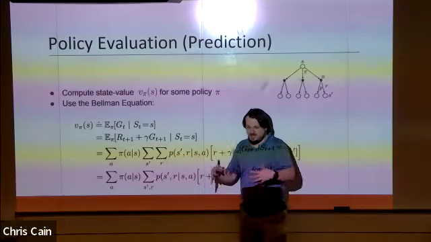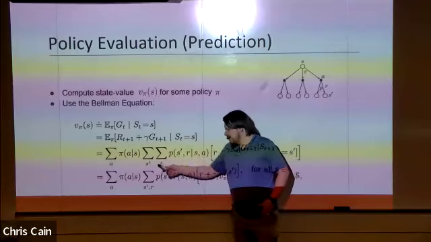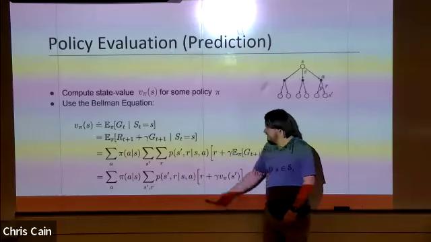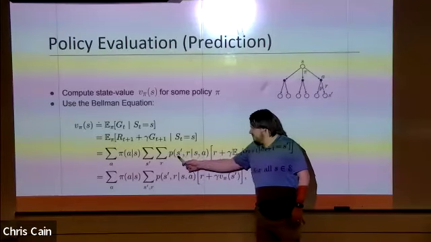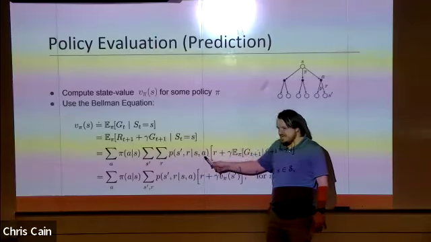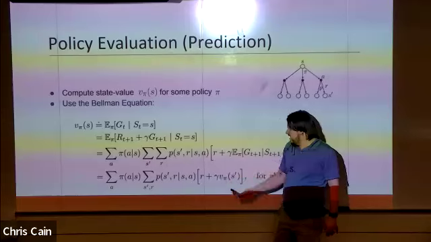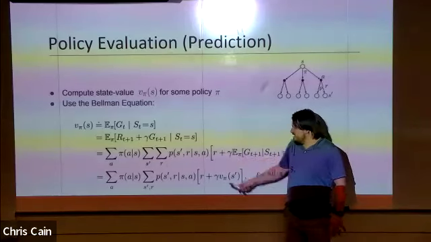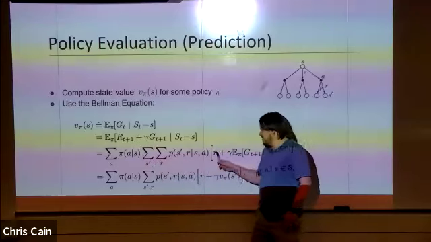Each successor state has a particular reward associated with it, so we combine them together, taking the probability of being in that successor state and getting that reward, given that we were in this state and took this action. We multiply that by the reward that we got from transitioning from state s to state s prime.